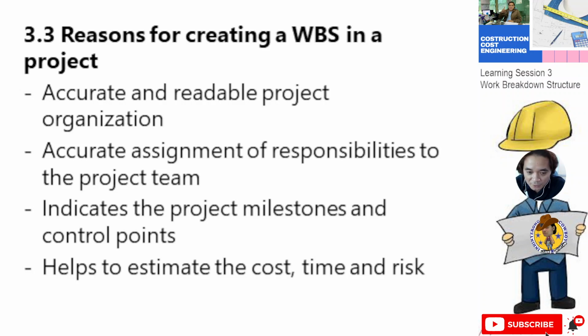Then we have the accurate assignment of responsibilities to the project team. Because in that WBS you can write who is the responsible supervisor of a certain activity. Number three, it indicates the project milestones and control points. Then it helps to estimate the cost, time, and the risk.